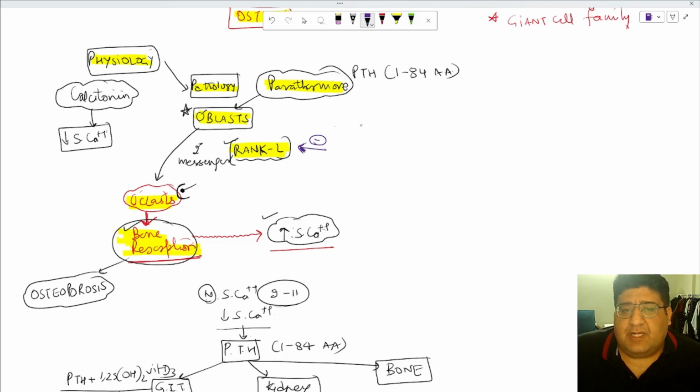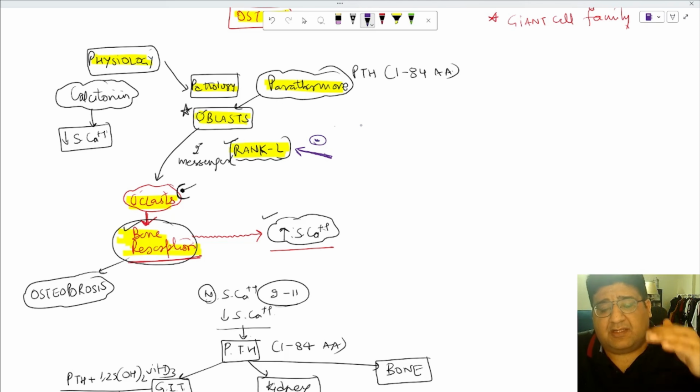If you really want to treat osteoporosis, see, osteoporosis will happen when there will be too much resorption by the osteoclast. So if I tell you a drug today, and that drug can inhibit Rankel, don't you think that the message from osteoblast will not go to osteoclast and osteoclast will not lead to resorption and osteoporosis won't happen?